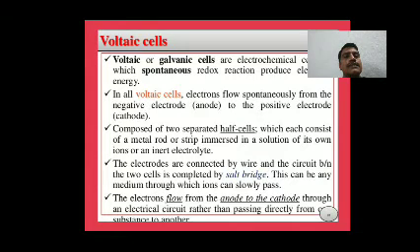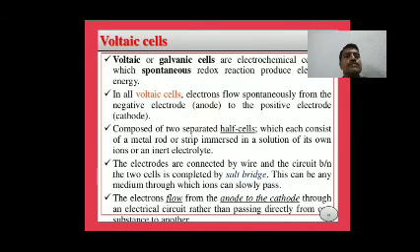This U-shaped tube contacts the two different electrolytic solutions. This bridge is called a salt bridge.